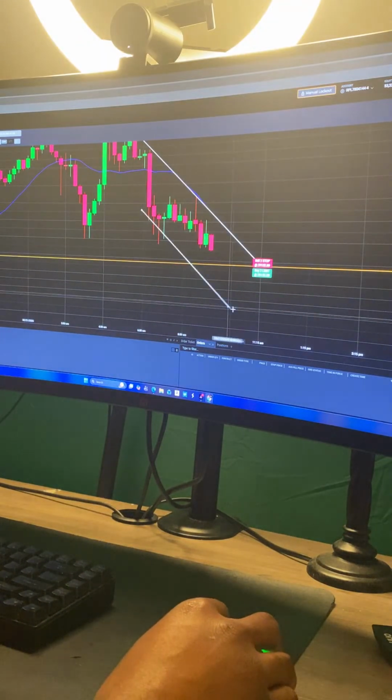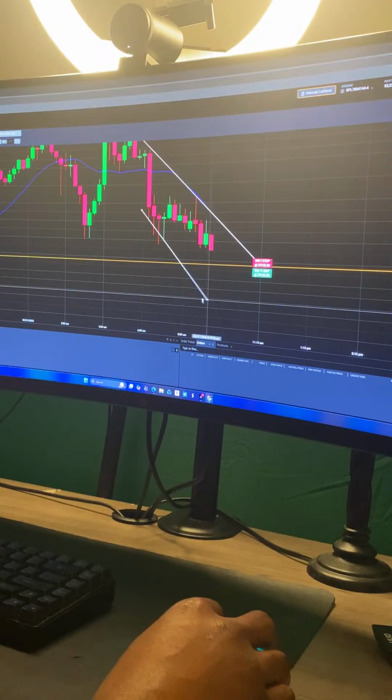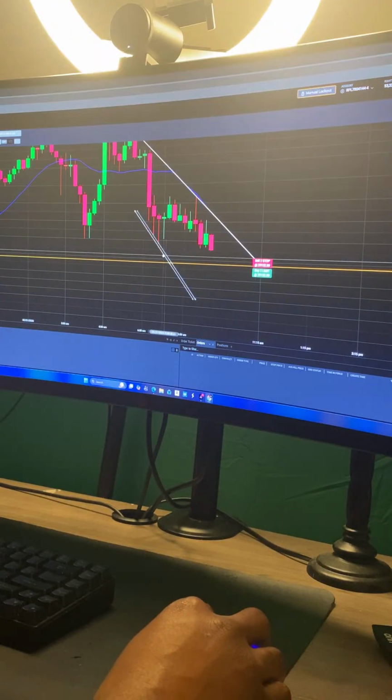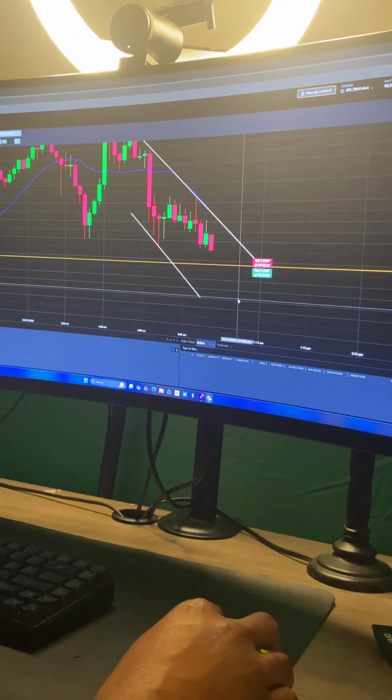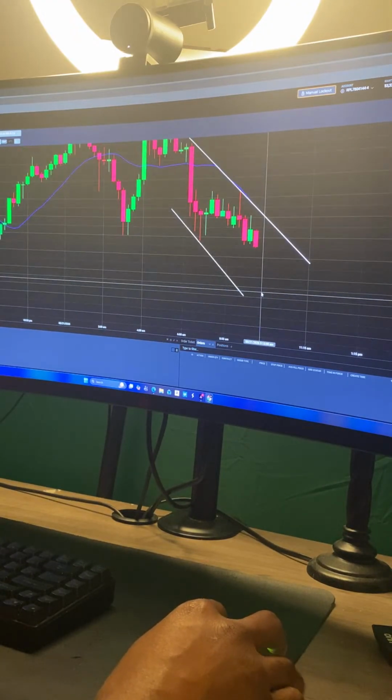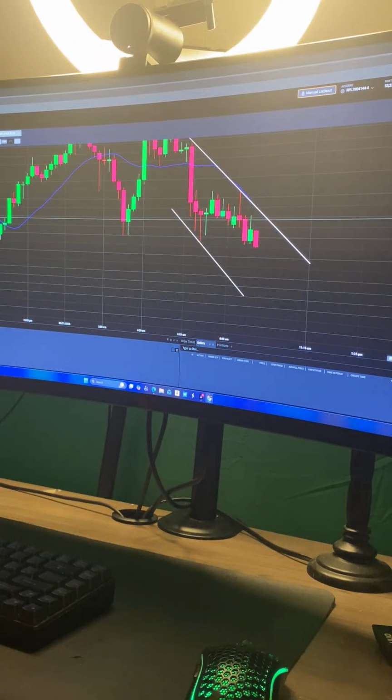And then they draw this line. This doesn't even make sense here. They'll draw this, knowing that there's no way this is ever going to break. This is what other traders see. This right here.